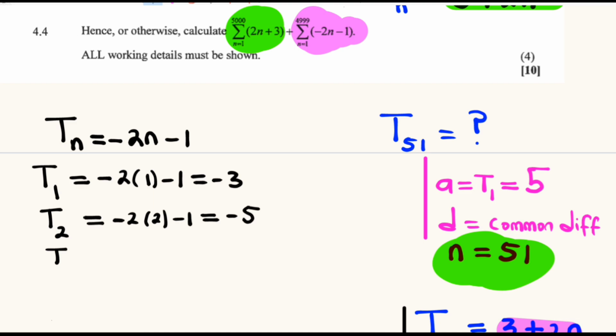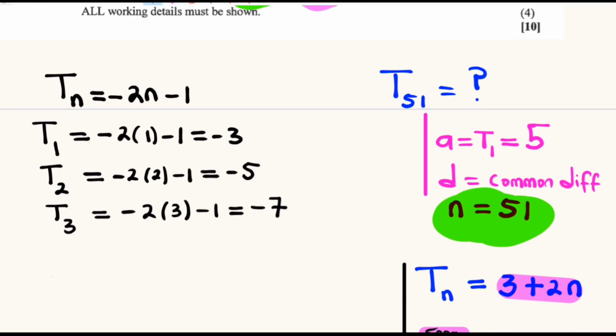Term number 3, in the place of the n, we substitute 3, so we have negative 2 into 3 minus 1, and this will be equals to negative 2 multiplied by 3 will be equals to negative 6 minus 1 is equals to negative 7.